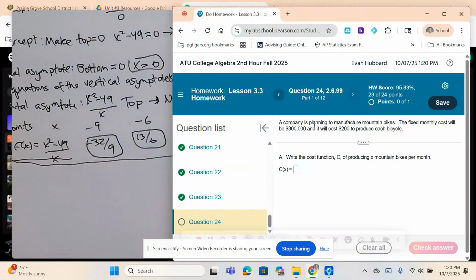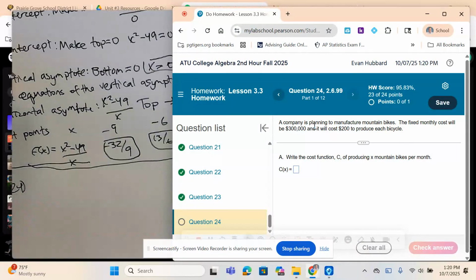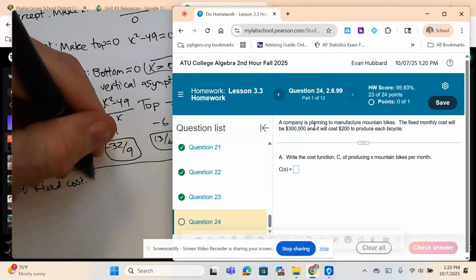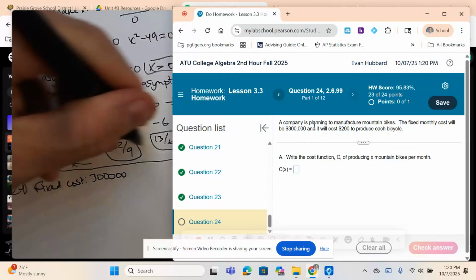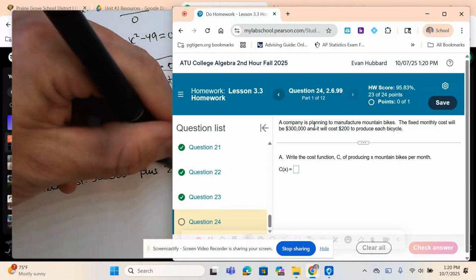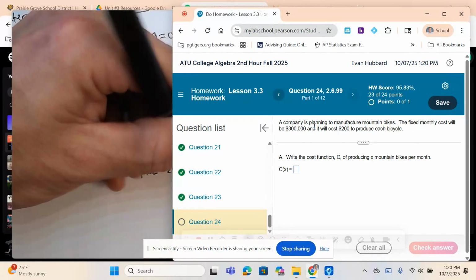Companies plan to build bicycles made and manufactured by x. The cost will be a fixed cost of 300,000 plus 200 for each bike.